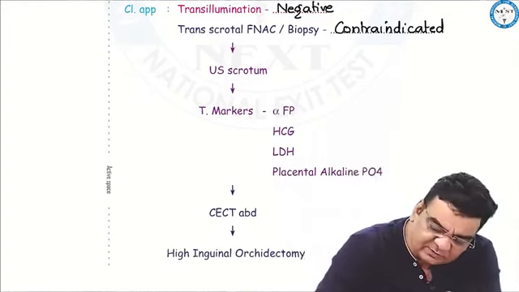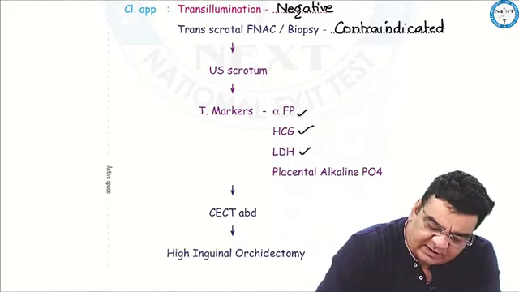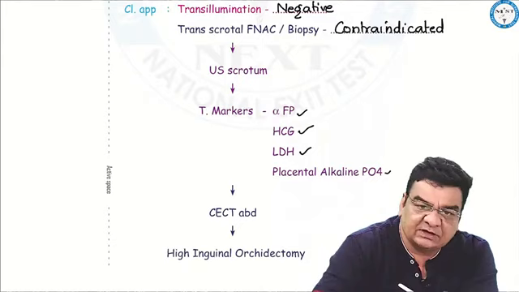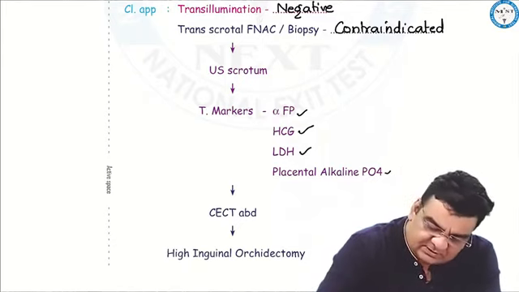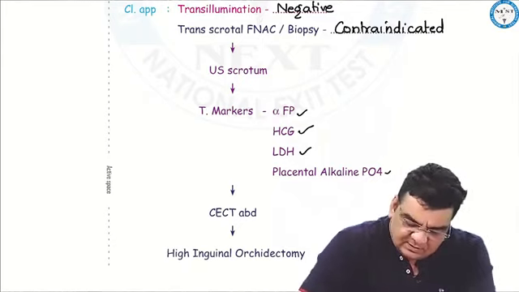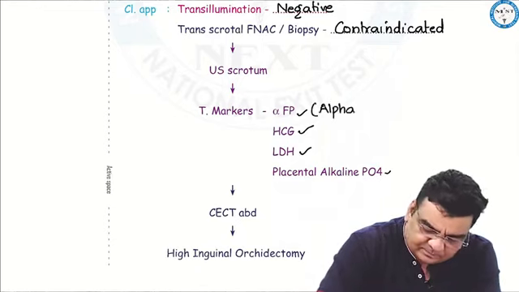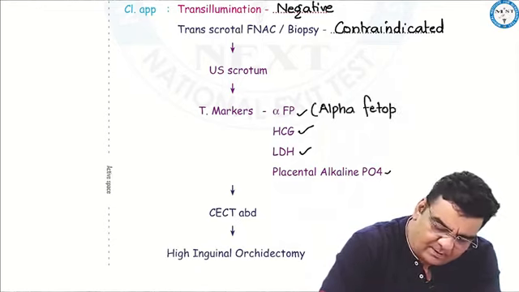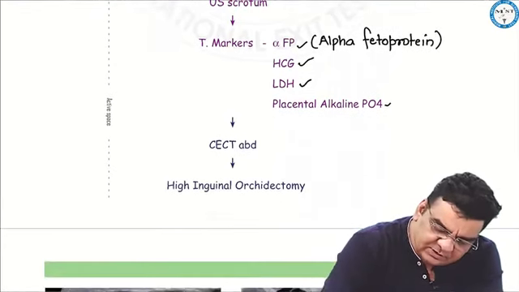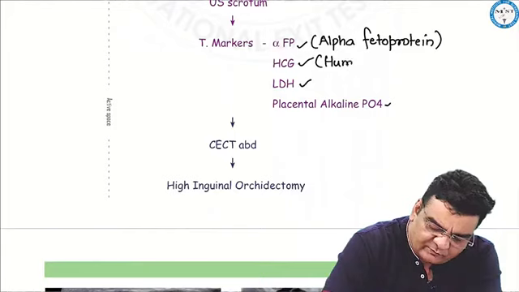We can take the help of various markers in testicular malignancies like alpha-fetoprotein, HCG, LDH, and placental alkaline phosphatase. This is alpha-fetoprotein. This is human chorionic gonadotrophin.